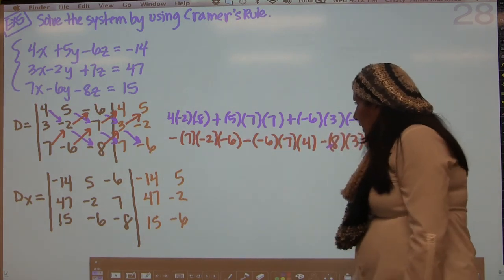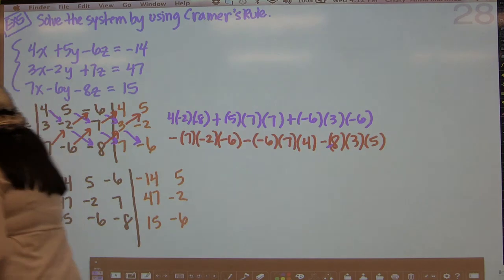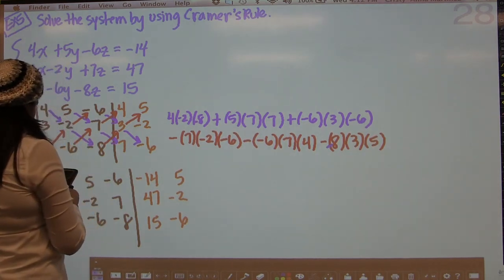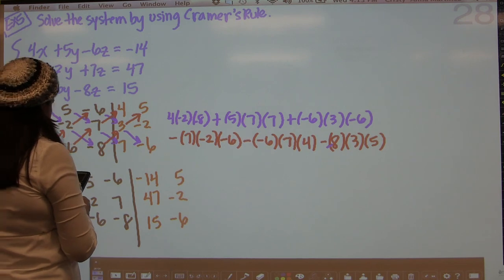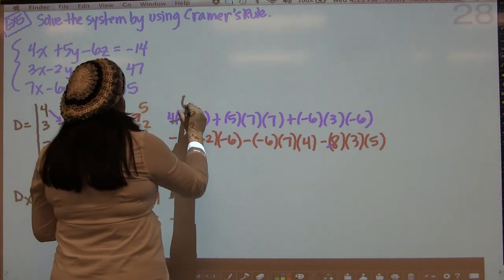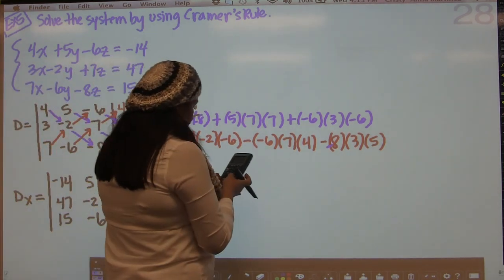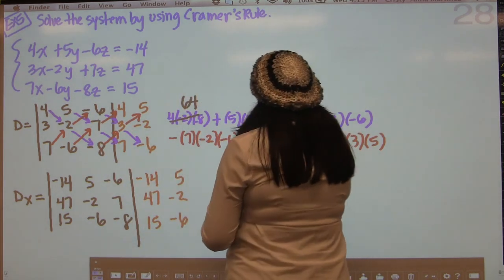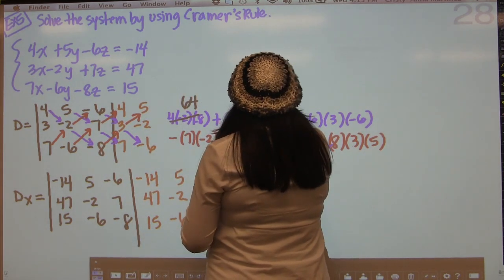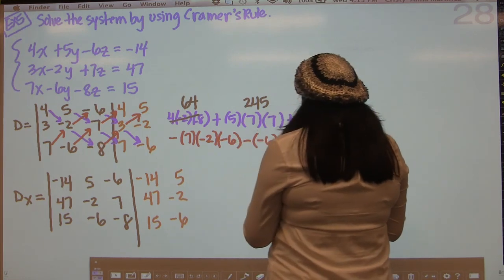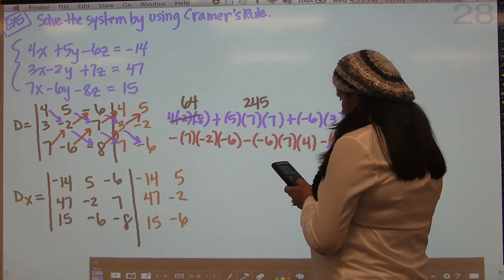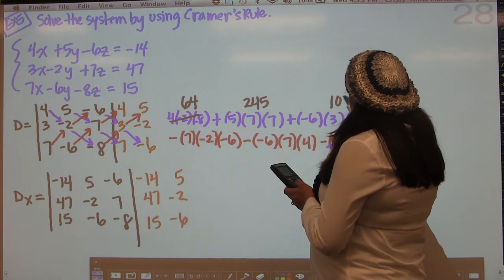So now to calculate, we're going to go 4 times negative 2 times negative 8. This is 64. 5 times 7 times 7 is 245. Negative 6 times 3 times negative 6 is 108.